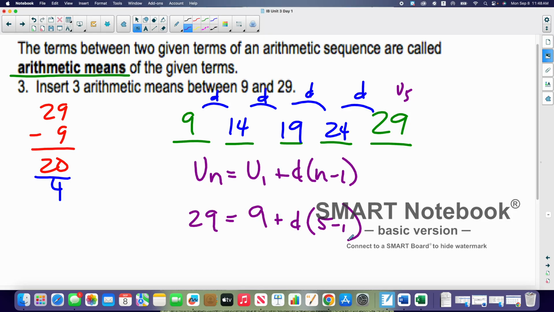So I know a lot of the things that are in my equation already. Well, how would you solve this? Well, I have minus 9 to start. Well, does that look familiar? Okay. Equals 5 minus 1 is 4 times D is 4D. I would divide by 4. So now I've got my common difference of 5 like I did that way.